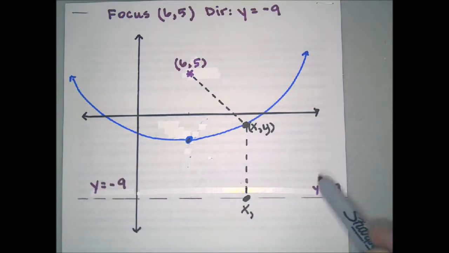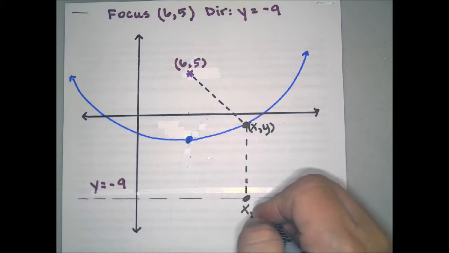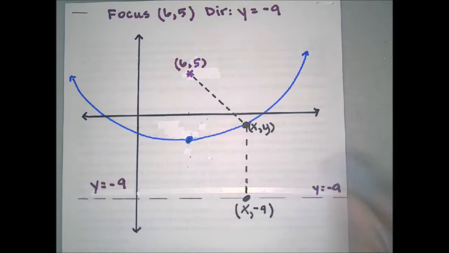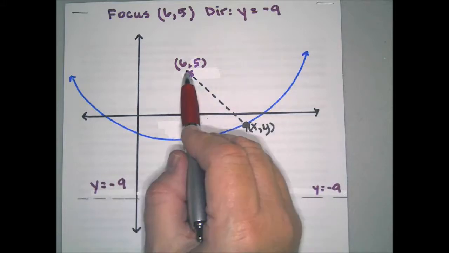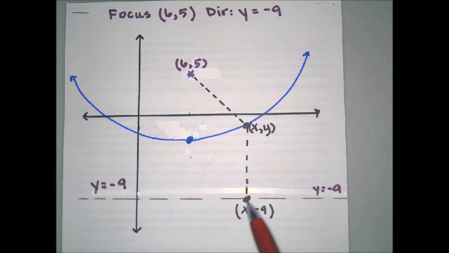And I do know what the y-coordinate is of this point because it lies on the directrix y equals -9, so I know the y-coordinate is -9. Now, I'm going to use the distance formula and the idea that this distance equals that distance.